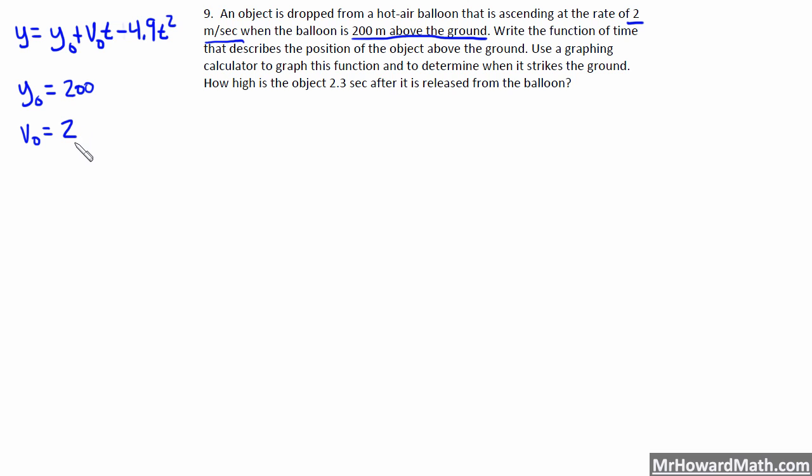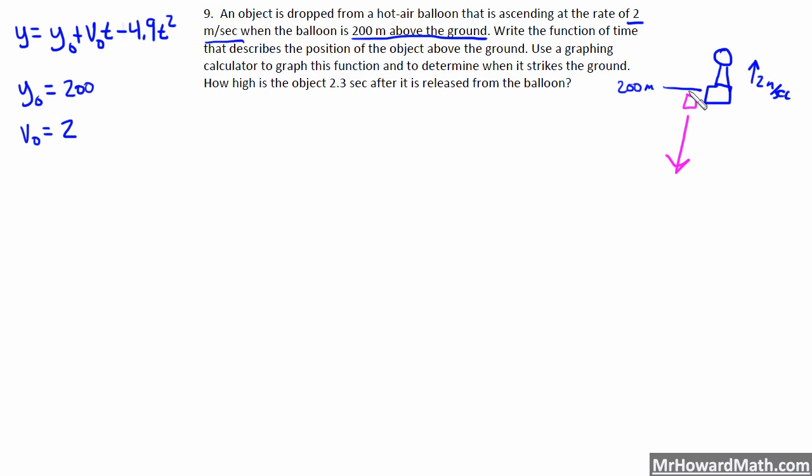So that's just 2. Basically, we have a hot air balloon with, this is a terrible drawing, but anyway, a basket. So this balloon is moving up at 2 meters per second, and we are 200 meters above the ground, and we are basically just dropping this object, so it's going to fall to the ground.